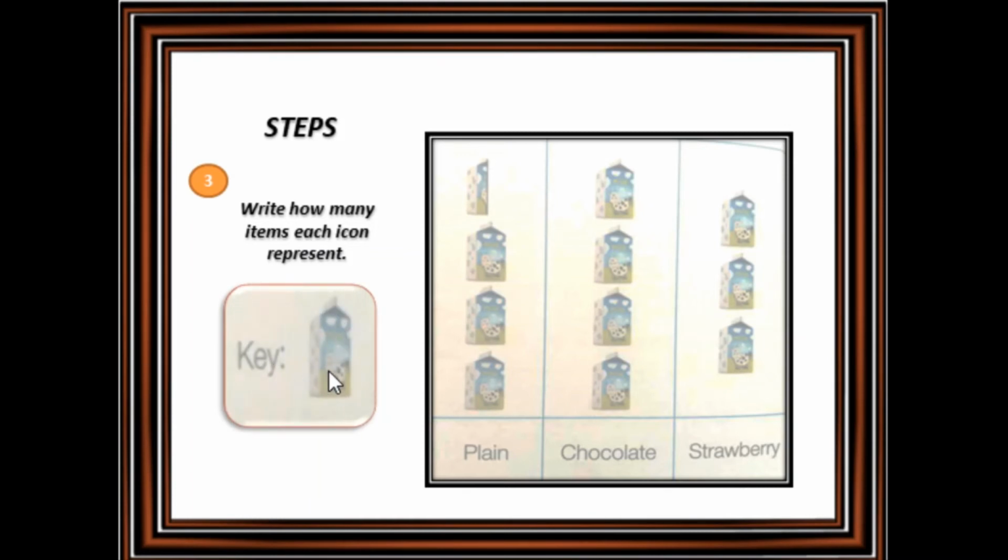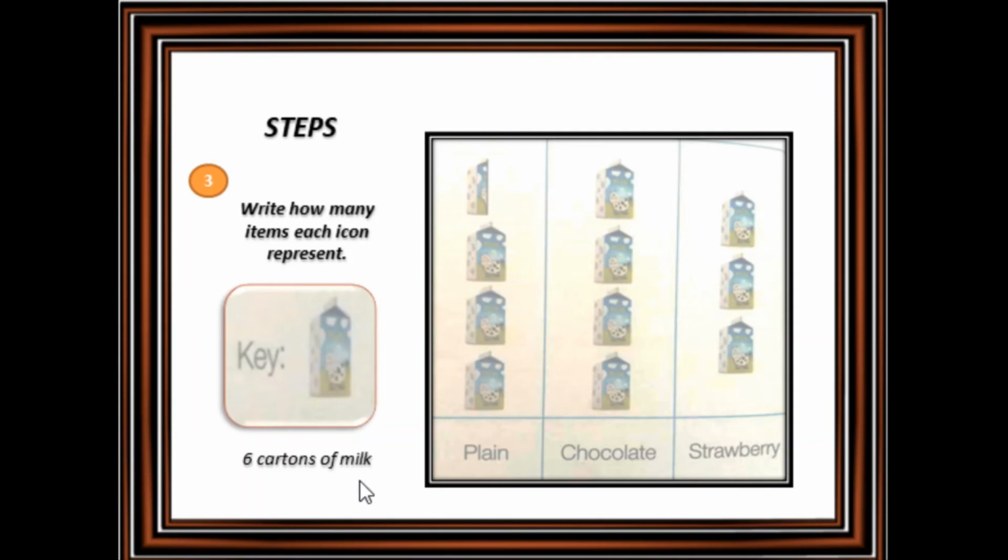You need to put how many items this icon represents. So it becomes now 1 bottle of milk is equal to 6 cartons of milk. Alright? Again, 1 bottle of milk, this one, is equal to 6 cartons of milk.